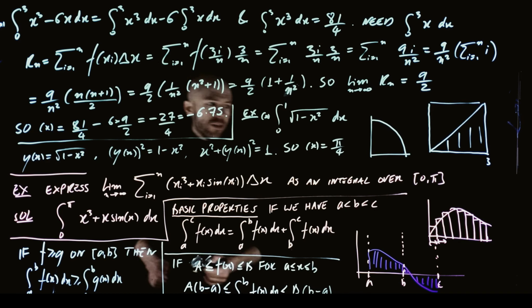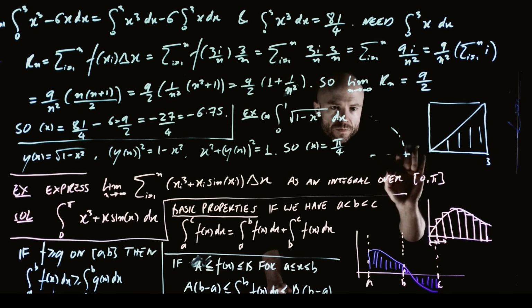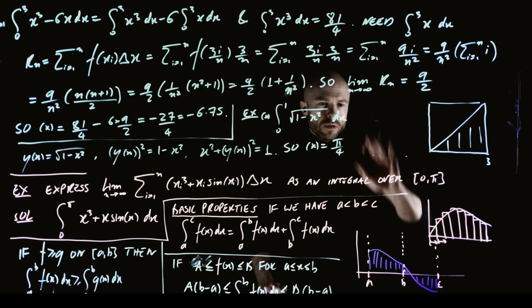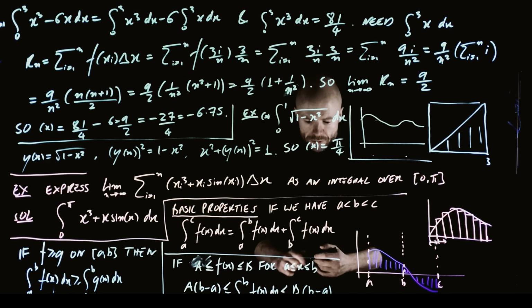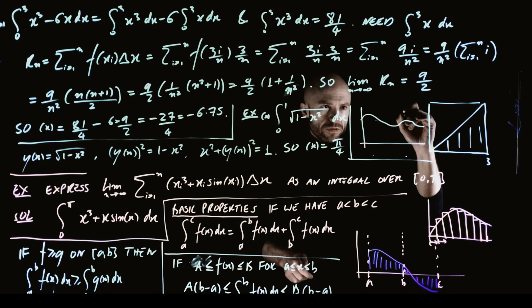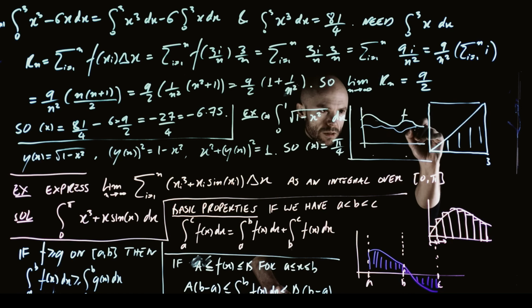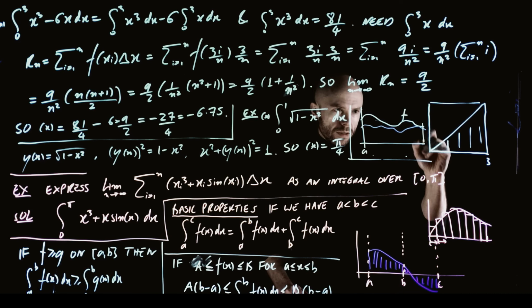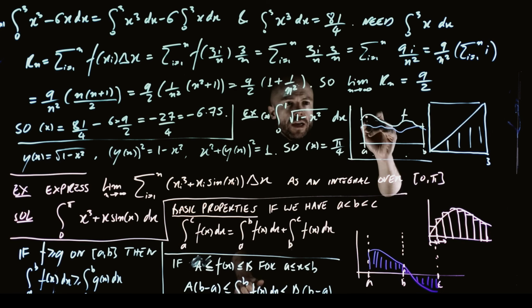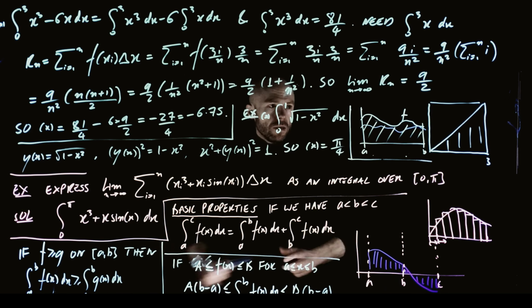And again, these are just pictures, right? So if we have, let's erase some space right here, some graph like this of f, and so this is f, and we have a graph like this of g, okay, and we're doing this from a to b, so let's say this is a and this is b, then clearly the signed area of f, which is all of this stuff, is going to be bigger than the signed area of g.